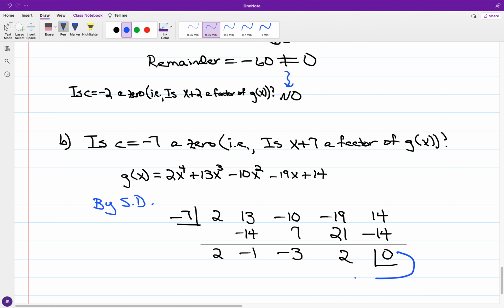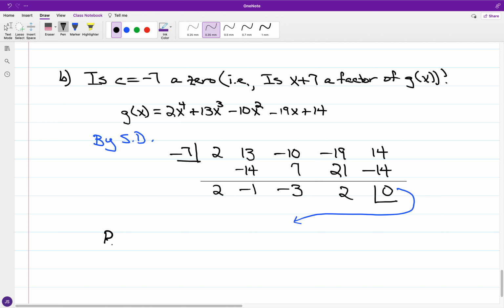So what we're going to have here is your remainder, regardless of whether you use synthetic division or the remainder theorem. Your g of c is going to be g of negative 7, and that is going to be equal to 0.